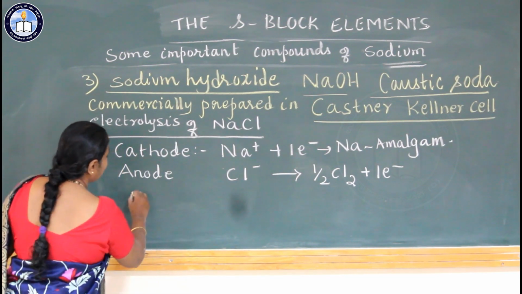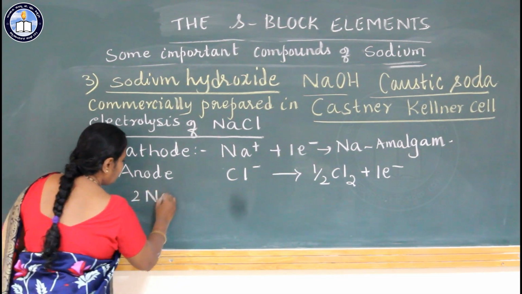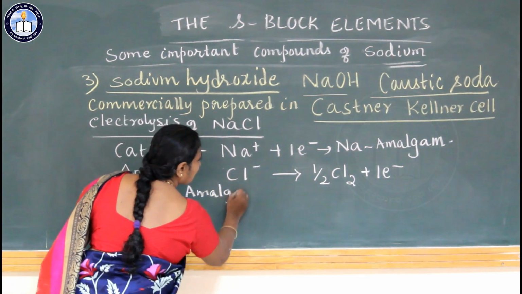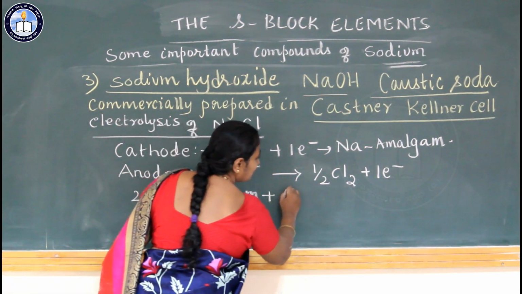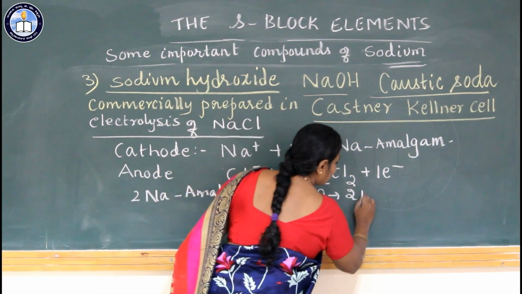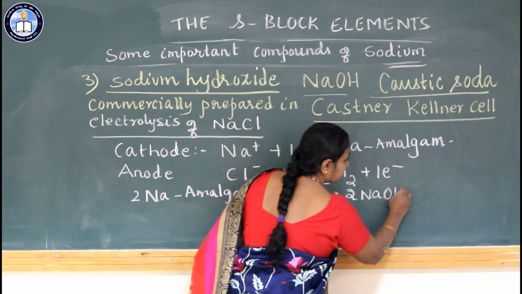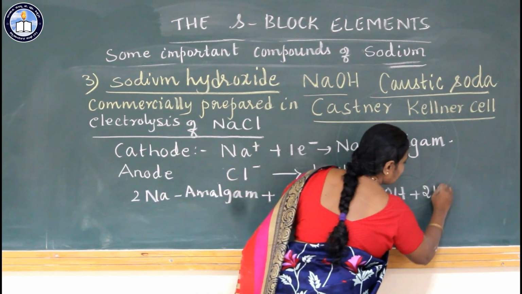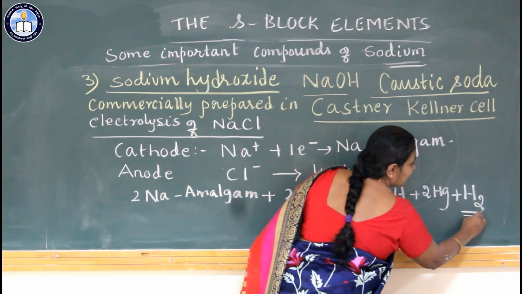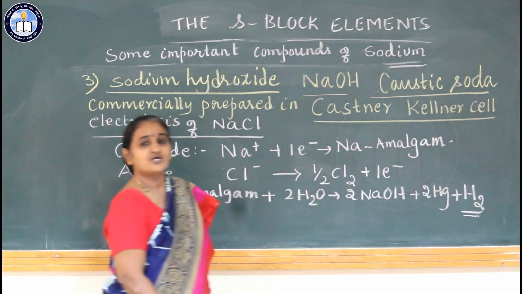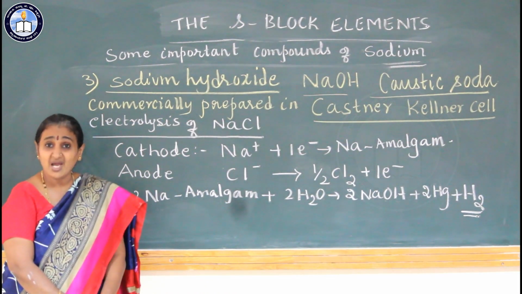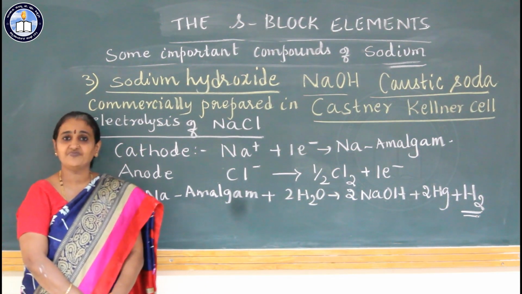So here is the reaction: when sodium amalgam is reacted with water, it forms sodium hydroxide and mercury, and hydrogen is liberated. In this way, sodium hydroxide is prepared.